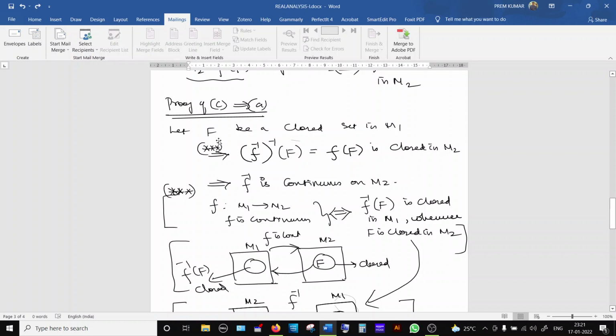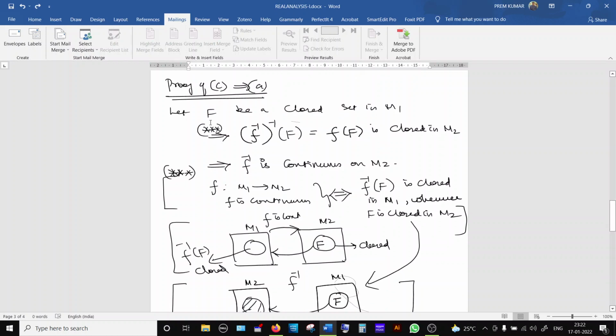What is C? C is, if f is closed, then the image is also closed. So we assume that f is closed. So by this result, f is closed in M1. So f inverse of f is nothing but f of f is closed in M2.